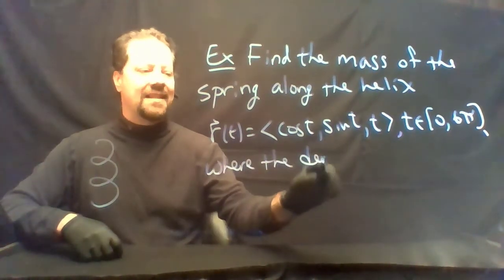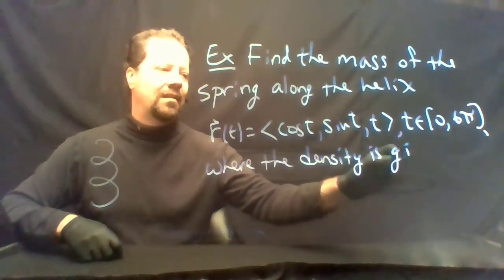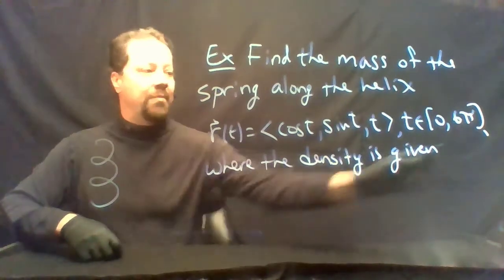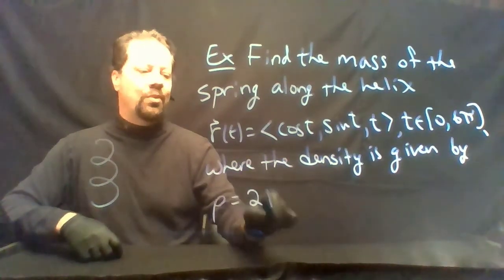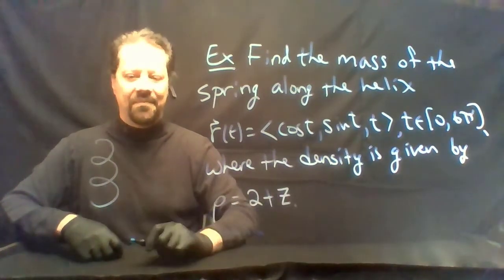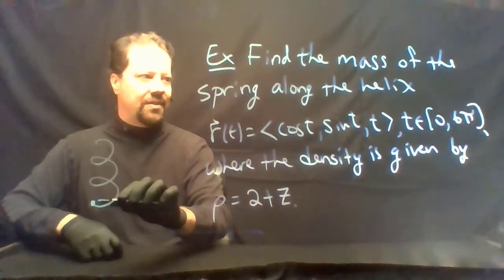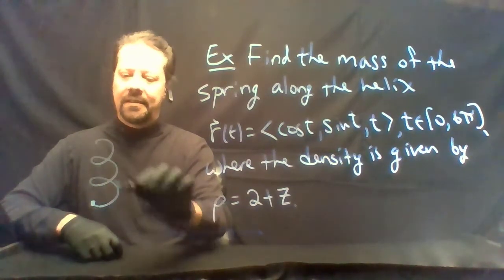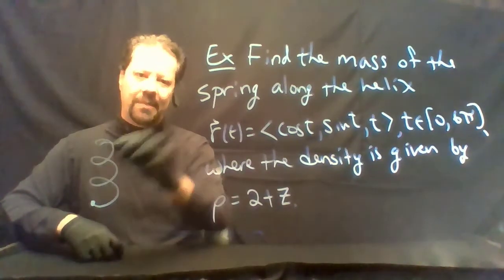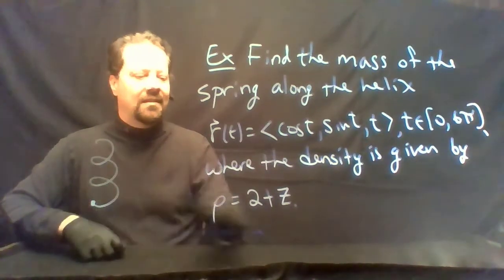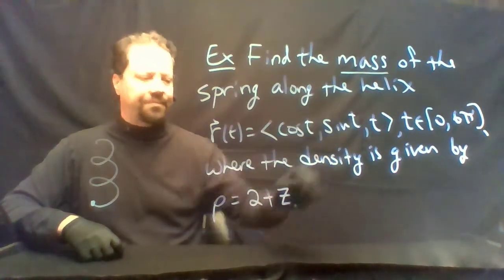Where the density is given by rho equals, say, 2 plus z. We'll start with a density of 2 when z is 0, and then the density will increase linearly as we go up on the spring. So we want to find the total mass.